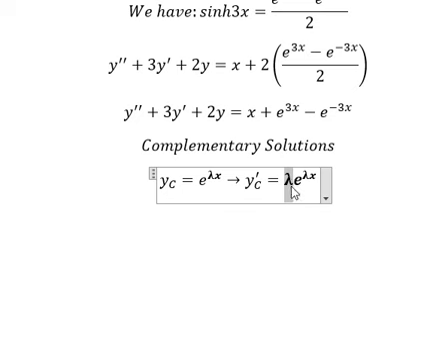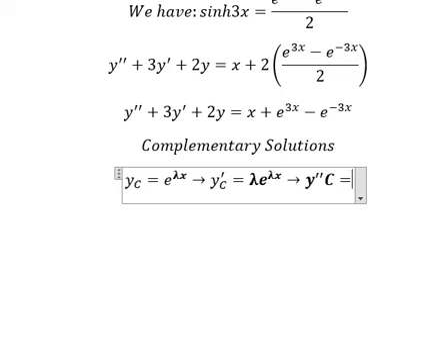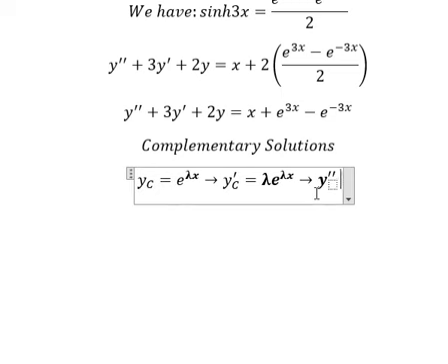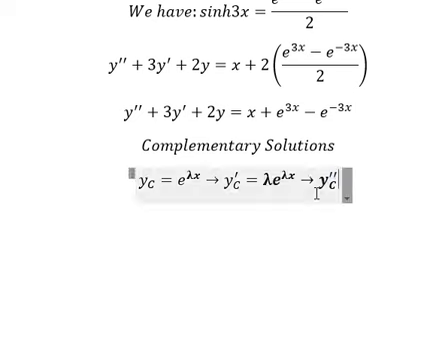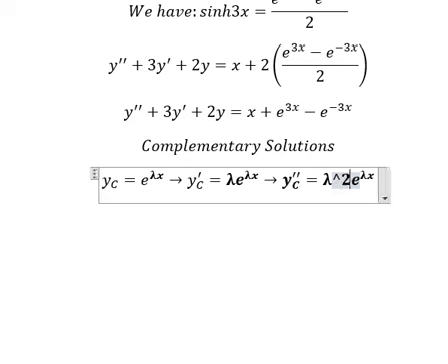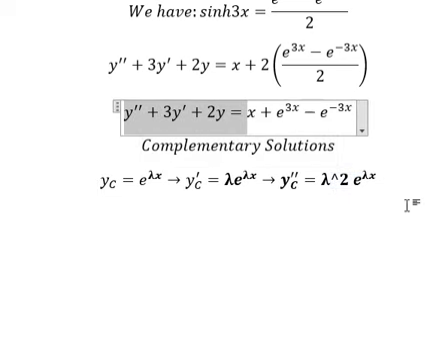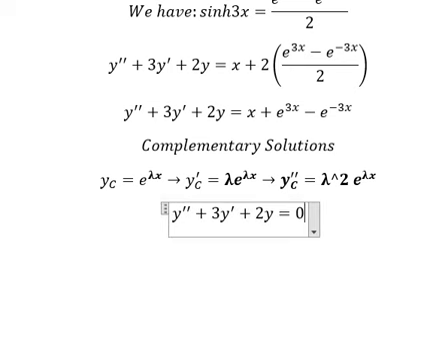You got lambda. Now we go to second the derivative of yc, and that is about lambda square e to the power of lambda s. Because this is about complementary solutions, so this one equals to number 0.